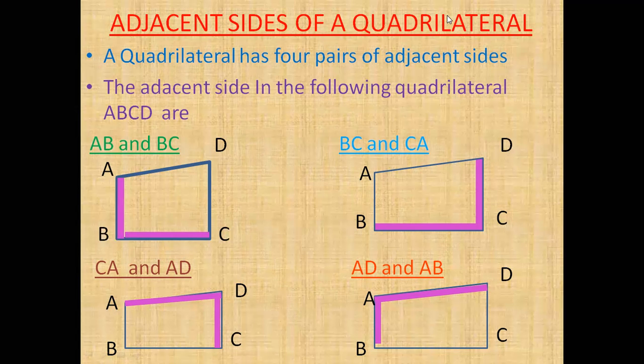Similarly, in the next quadrilateral, AD and DC have a point D in common. So AD and DC are adjacent to each other. Similarly, in the next quadrilateral, AD and BC are adjacent. In the same way, BC and CD are also adjacent. So in any quadrilateral, there are four pairs of adjacent sides.